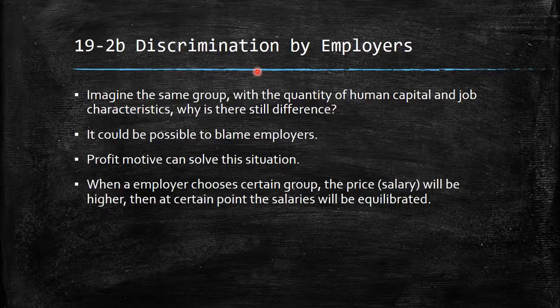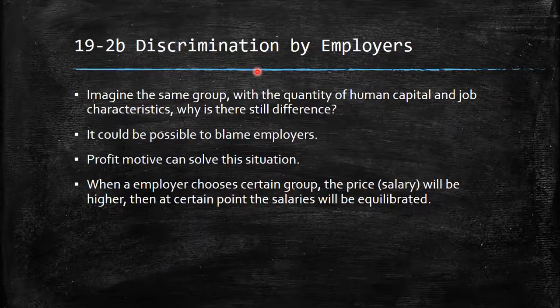The profit motive is like, for example, when an employer chooses a certain group, the price or salary will be higher. Then at a certain point, the salaries will be equilibrated. The idea is like, for example, you start to hire a certain kind of people because you think that they are better than the other ones.